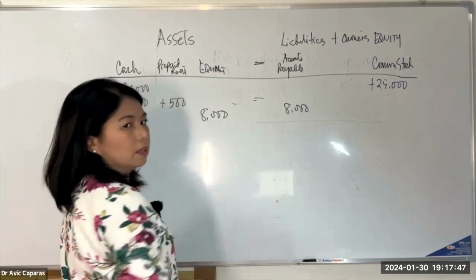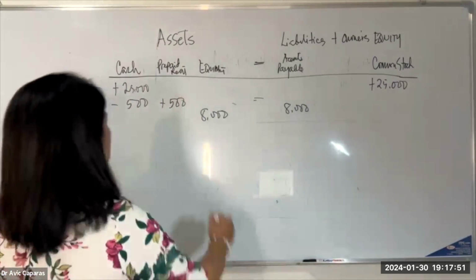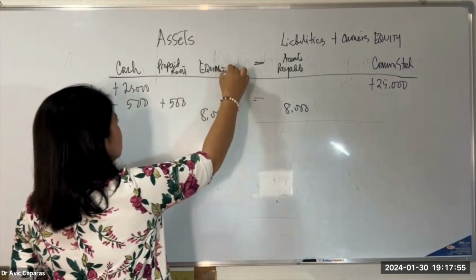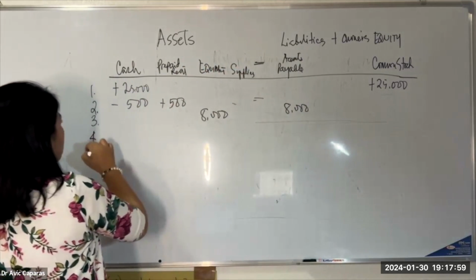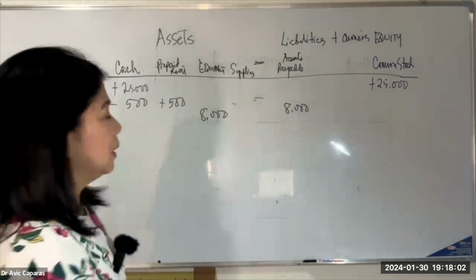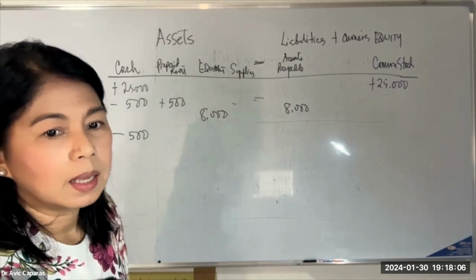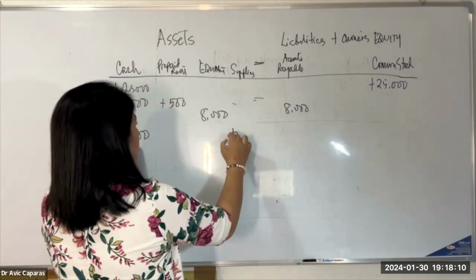Plus here, plus here. Number 4, 500 was paid for office supplies. So actually, I could have put supplies here, but let's just put it here. 500, minus 500. Did it say cash was used? Yes, cash was paid for office supplies. Minus here, plus here.